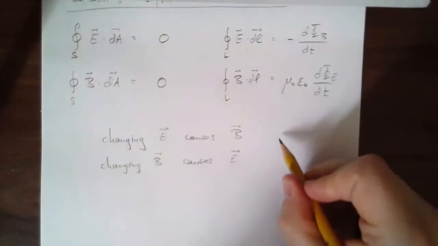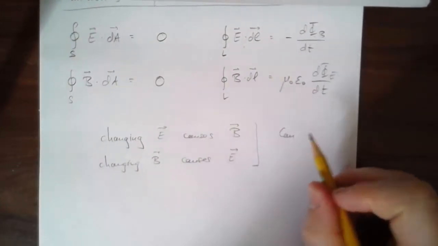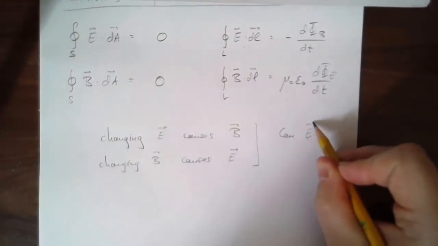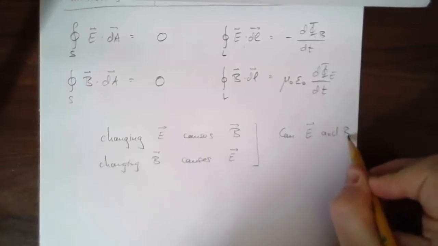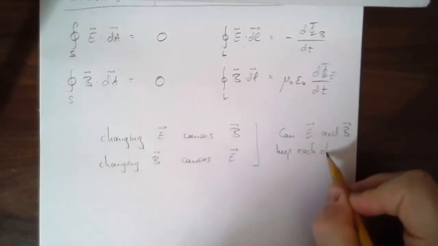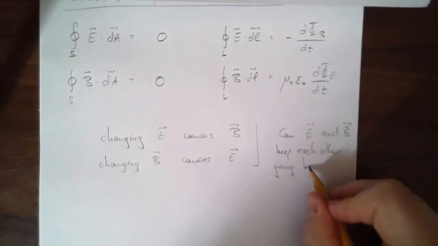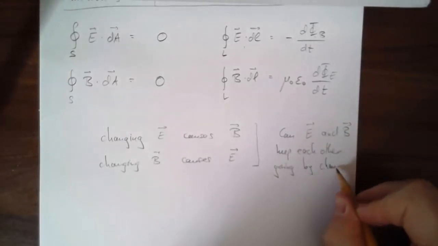So let's ask: can E and B keep each other going by changing constantly?